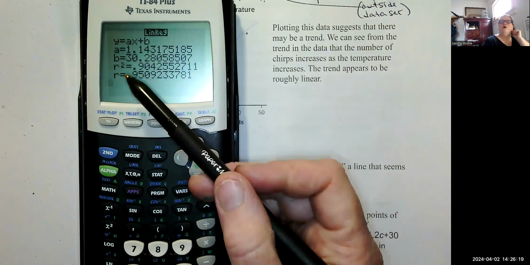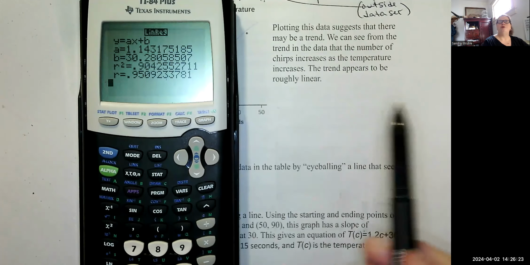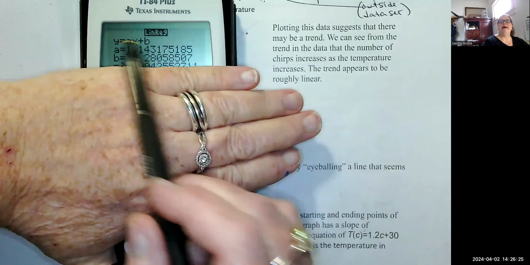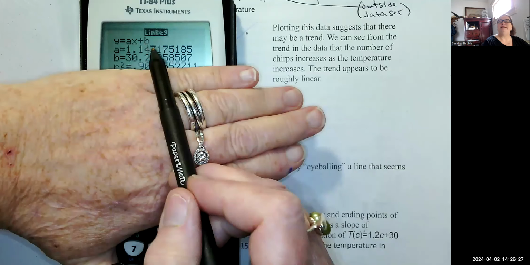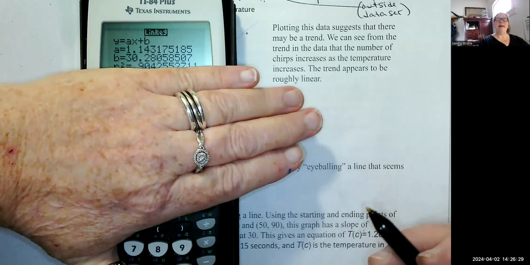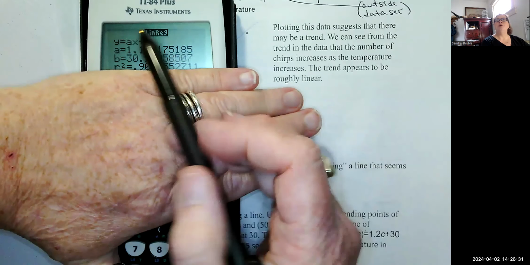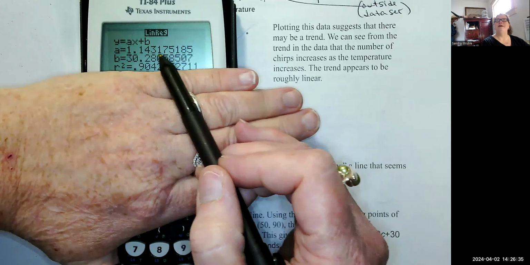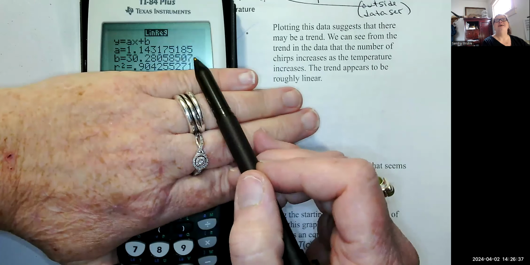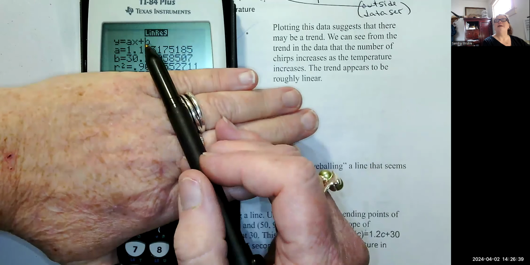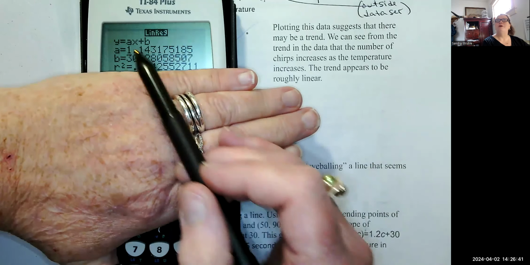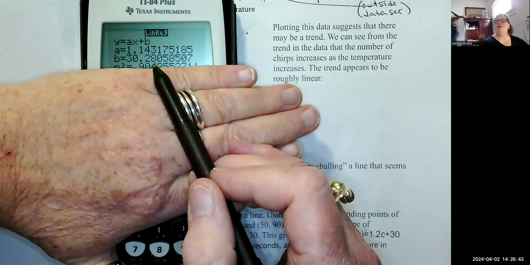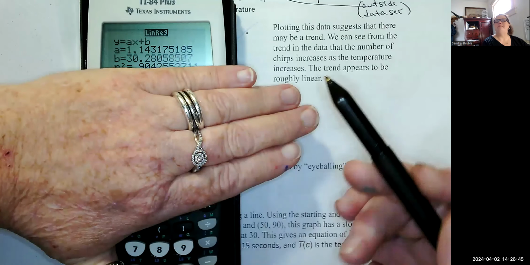Okay. If you did not get the R square and the R, I'll talk about that here in a second about how we can get that. The first thing I want you to see is that y equals ax plus b is the same thing as y equals mx plus b, where a is your slope, and in this case it's 1.143175185. And then your y-intercept is going to be 30.28058507.